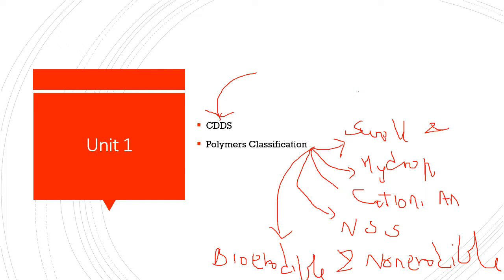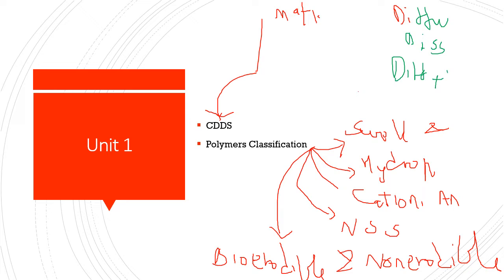In controlled drug delivery system, you also need to know about the different release mechanisms. Release mechanisms can be diffusion, dissolution, and diffusion and dissolution both combined, osmotic, altered density, that is gastroretentive, pH, and ion exchange, cationic or anionic depending upon the nature.